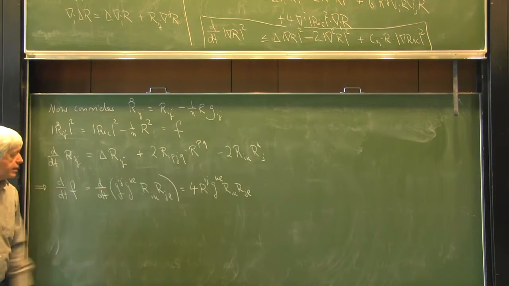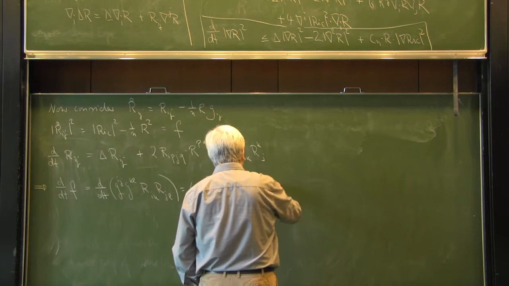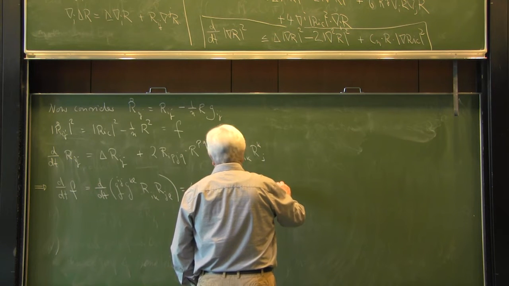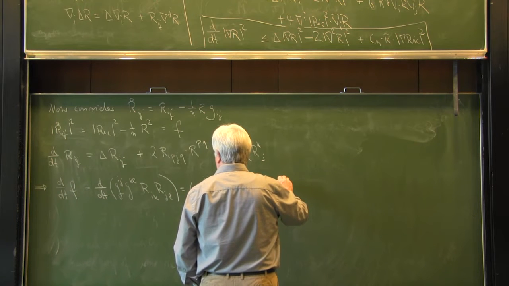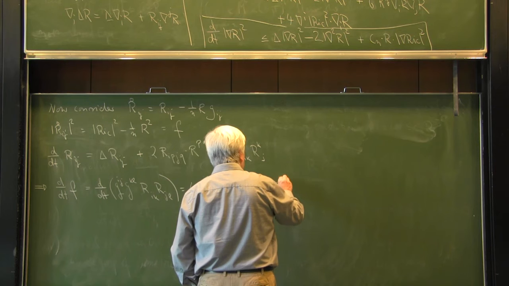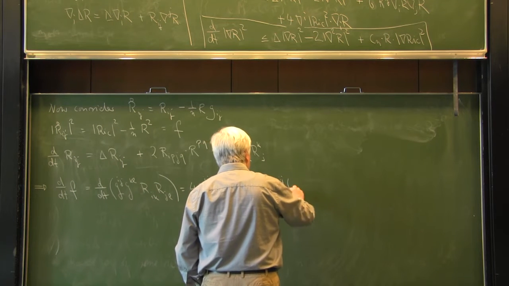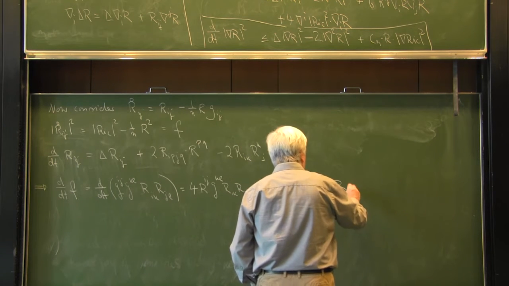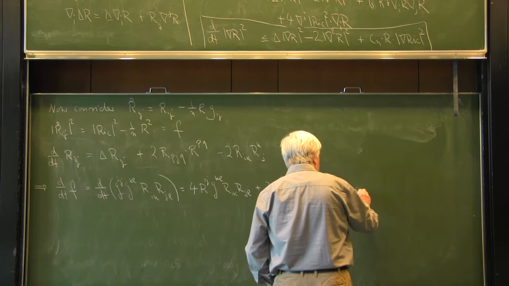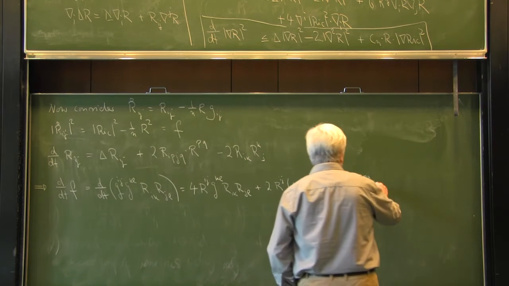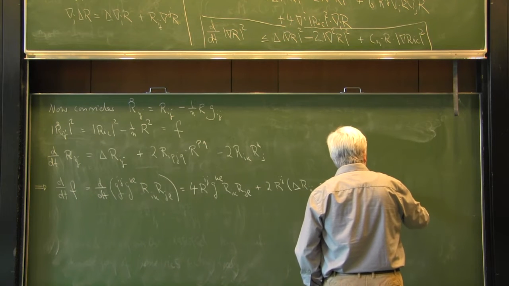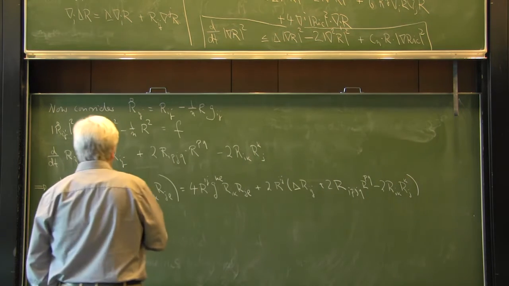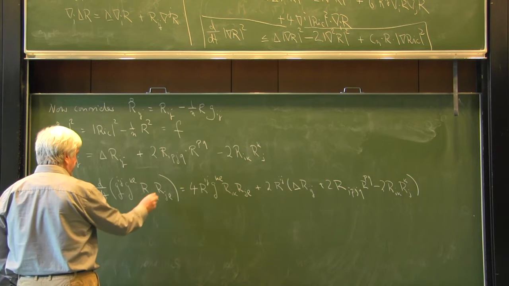And then similarly here I get, because of symmetries, twice R_ij times the Laplacian of R_ij plus 2 R_ipjq R_pq, and minus 2 R_ik R_kj.